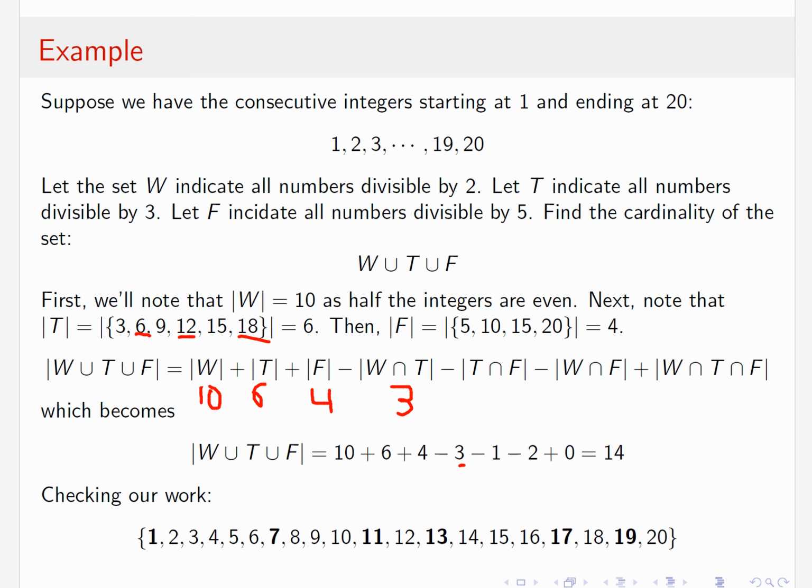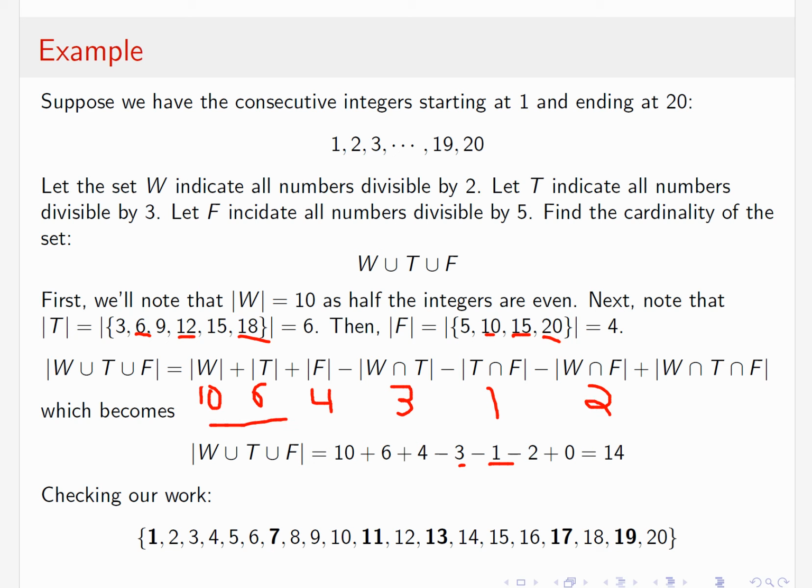And then in T and F, divisible by 3 and divisible by 5, I have just 1. And when we have divisible by 2 and divisible by 5, even numbers divisible by 5, we have 2 of them. We have 10 and 20.